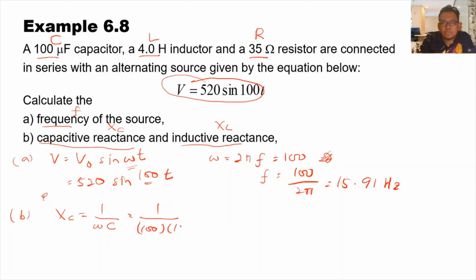Reactance is 100. Inductive reactance XL is equal to angular frequency times inductance. We are given 100 there, and the inductance value is 4 henry, and we get 400 ohm.